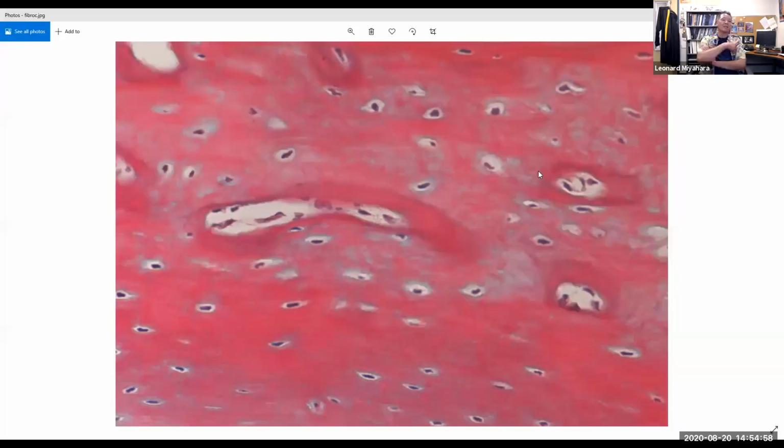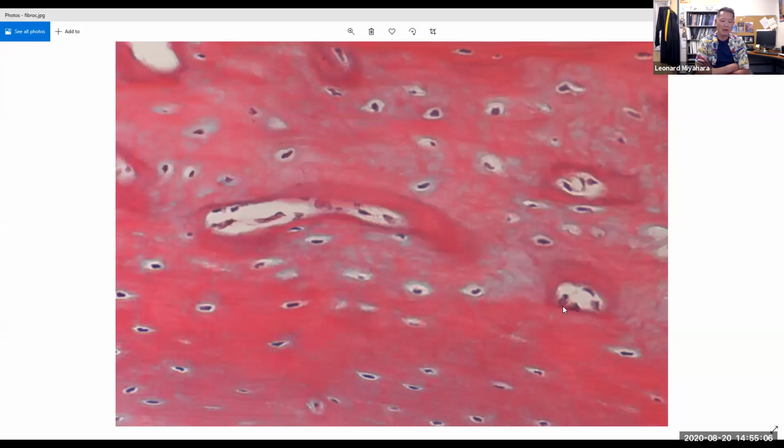Okay, this is going to be a little bit more challenging. Now notice how I'm asking the same questions in order. This is what it means to be systematic. Do you see a basement membrane and a free surface?